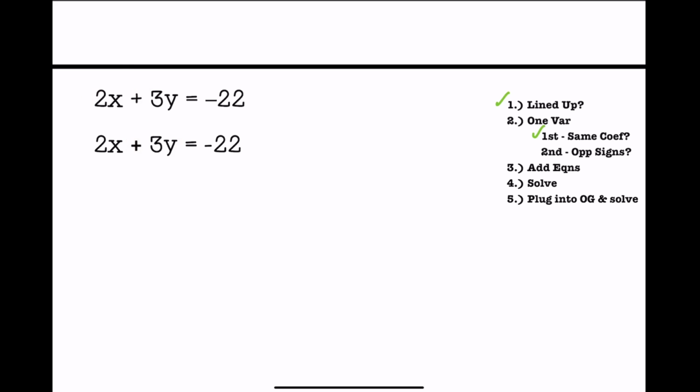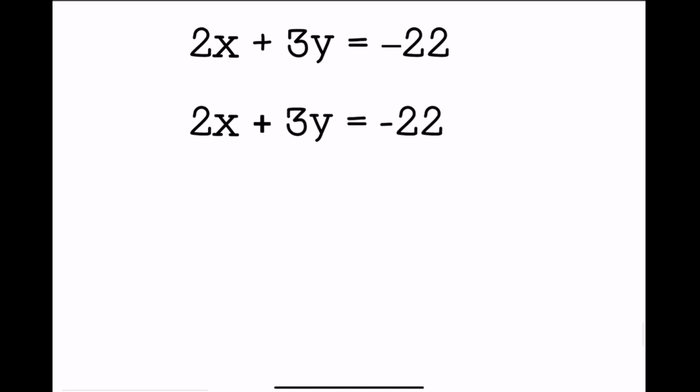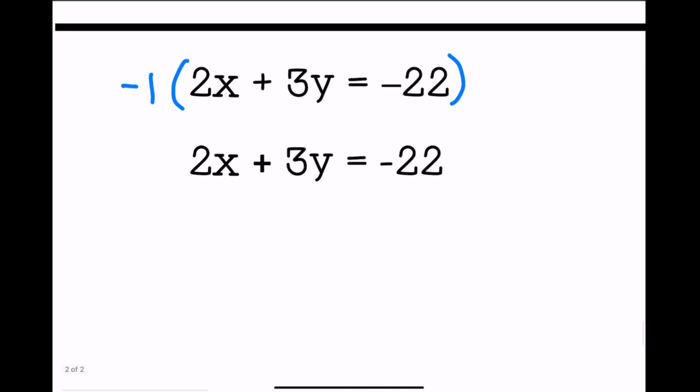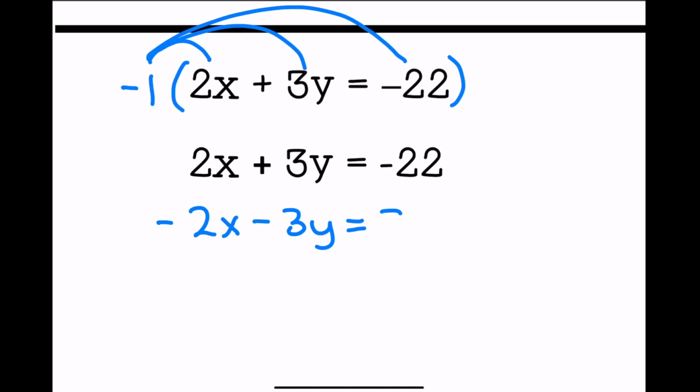But no. We don't have opposite signs. So what we're going to do is we're going to multiply one of the equations by -1. I'll multiply this guy this time, just to make life just hunky-dory. So this gives us a -2x. -1 times 3y is a -3y. -1 times -22 gives us a +22.